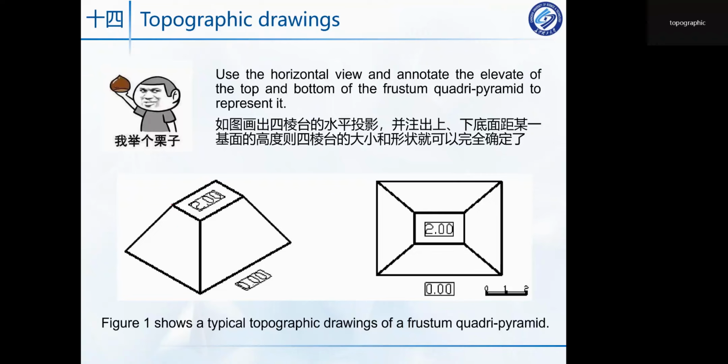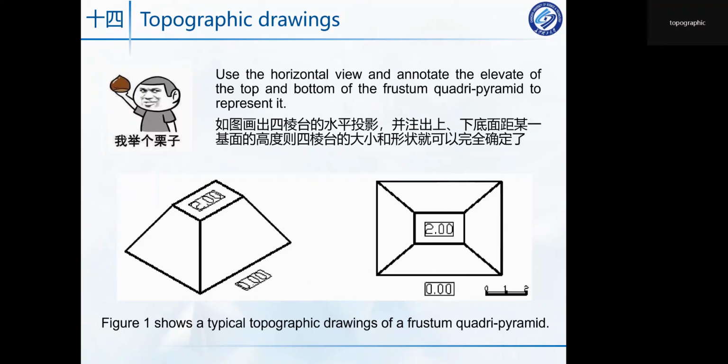We can see it clearly in the top view, like this one and this one. So we know the top and the bottom, and the problem is the height.